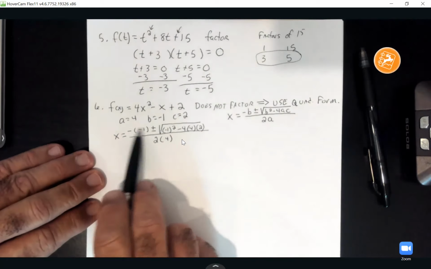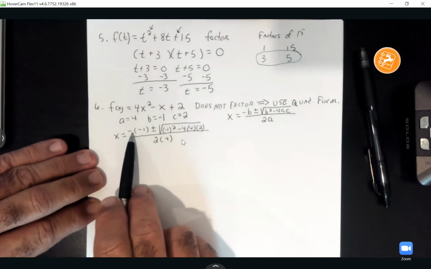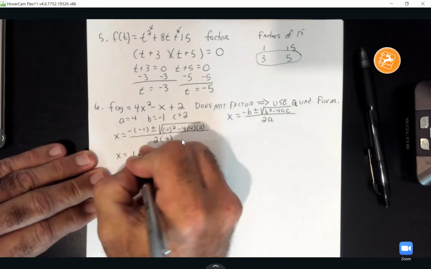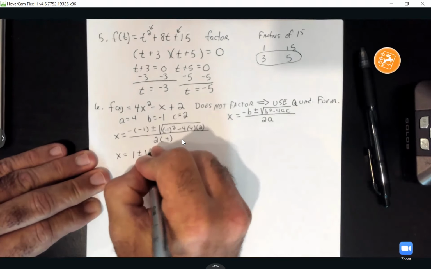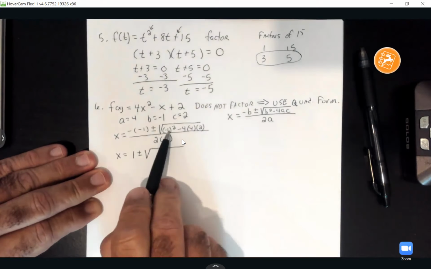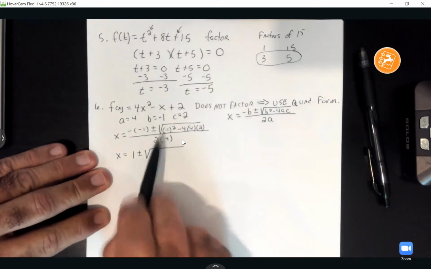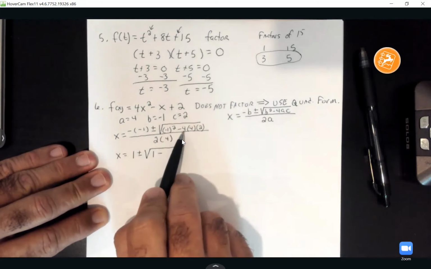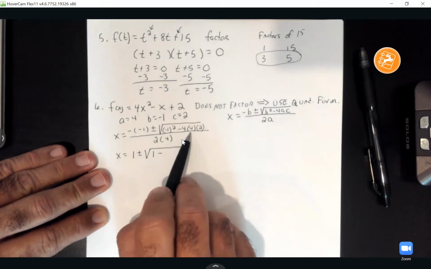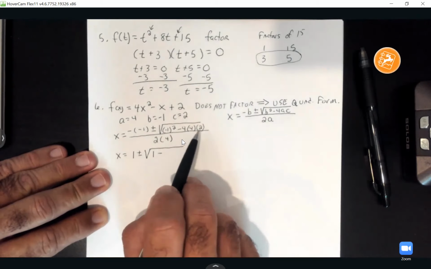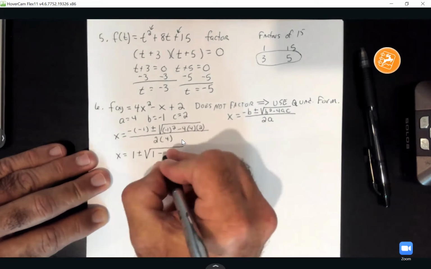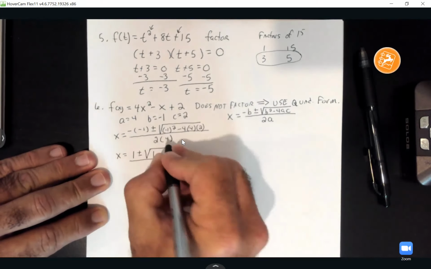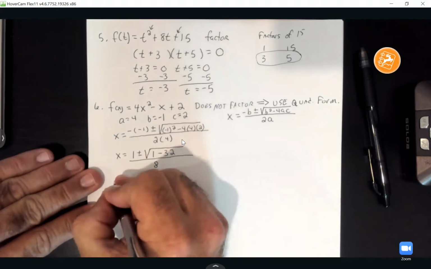Alrighty, also now a -1 is going to make that a +1 plus or minus square root. -1 squared is a +1 minus 4 times 4 is 16. 16 times 2 is 32. All over 2 times 4, which is 8.